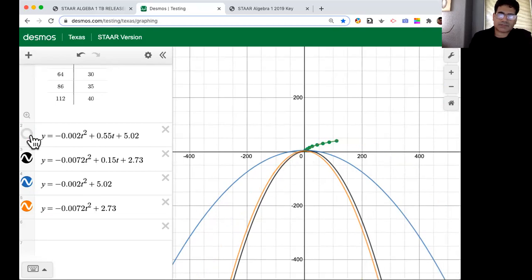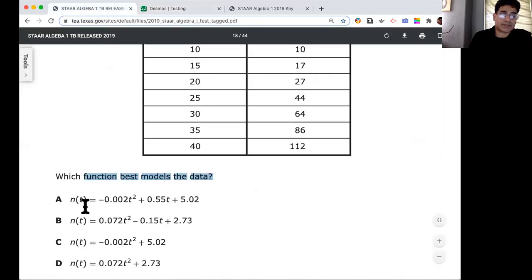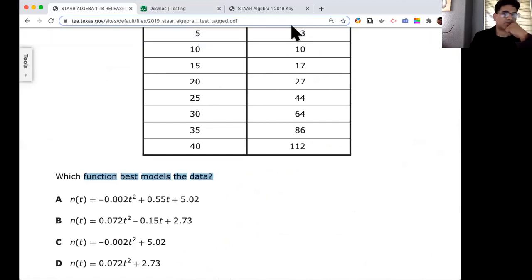So that's the first one. Okay, well, that's the one that closely matches. The other ones do not, and that is A, isn't it? Okay. Let's see. We'll look over one more time to make sure we got this right.